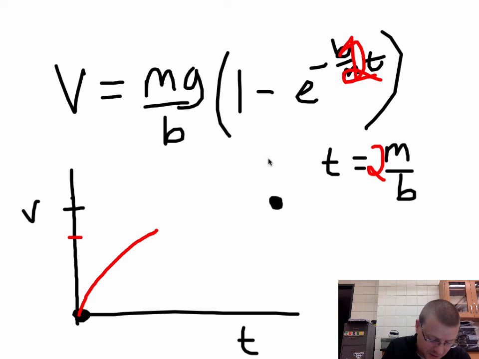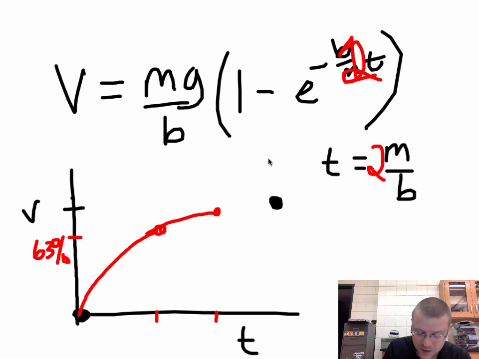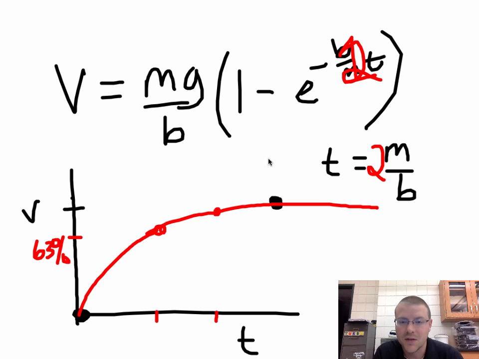So here I am at 63% of my maximum speed. In the next moment of time, I've reached up to 86% of my maximum speed. And after a few of these time constants, I eventually will reach this leveling off point of my steady speed. I'll get to the point where the steady speed is 100%.